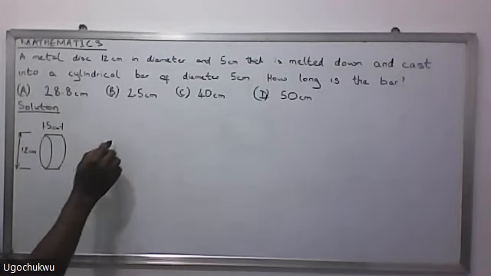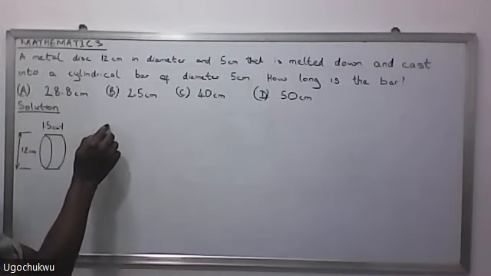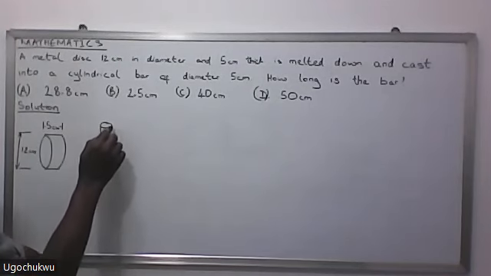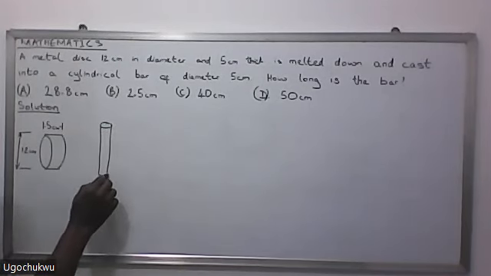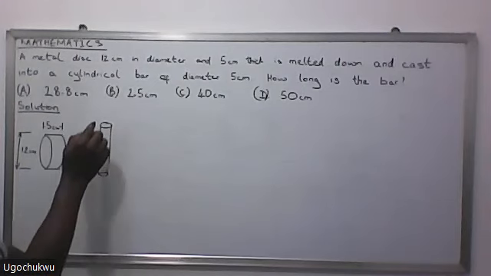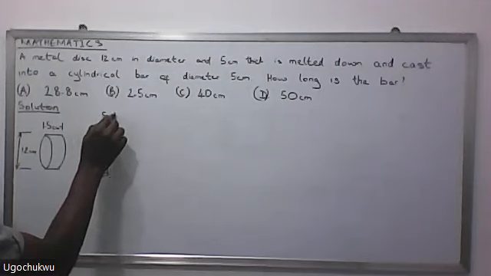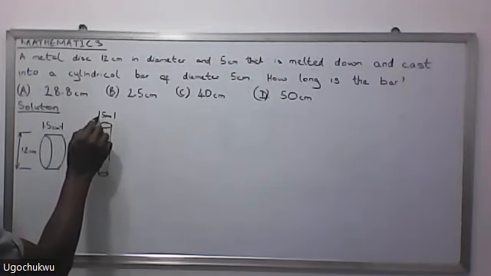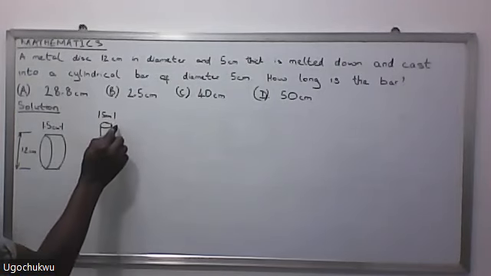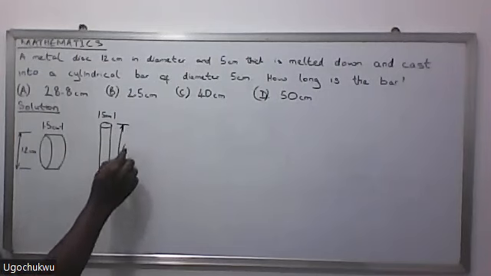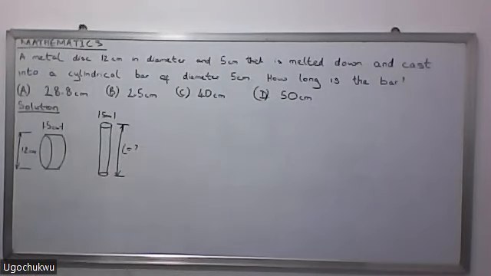So we melt it down to a bar that has a diameter of 5 cm. That's from here to here. And then of length L. We're asked, what is the length of the bar?